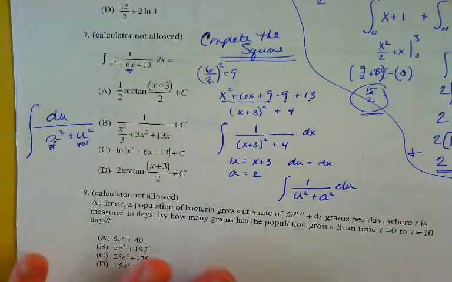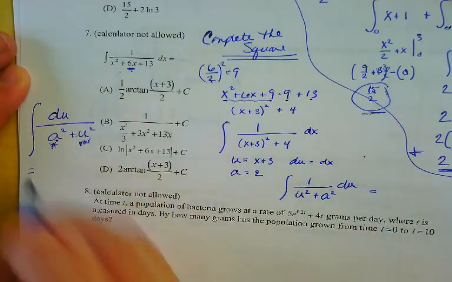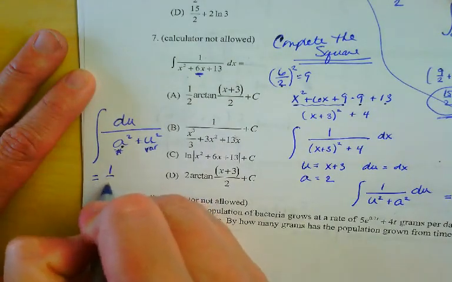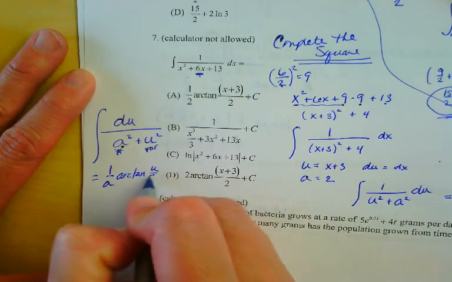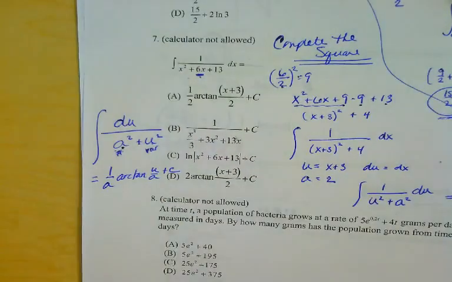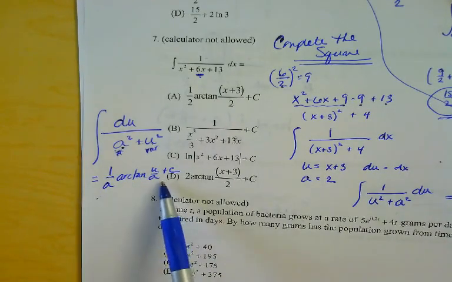Now what does matter is what this equation is equivalent to. And it's equivalent to, I'm going to stick it over here as well, 1 over a arctan u over a plus c.